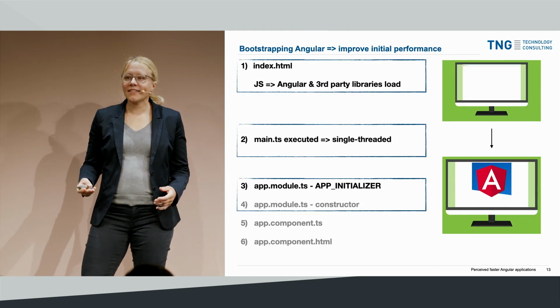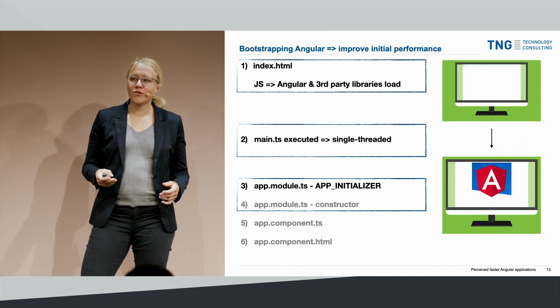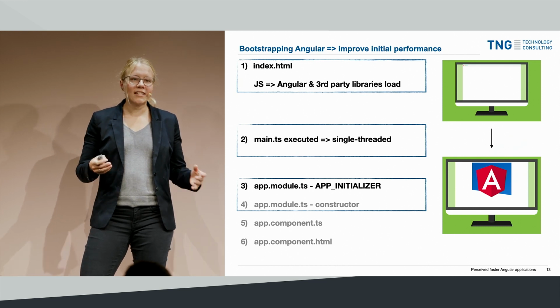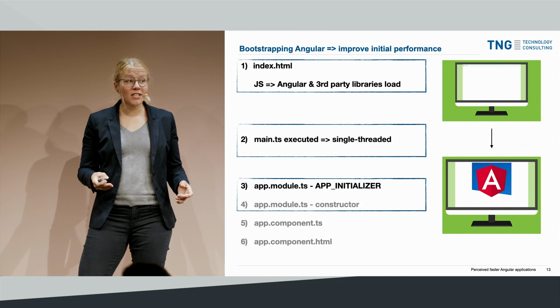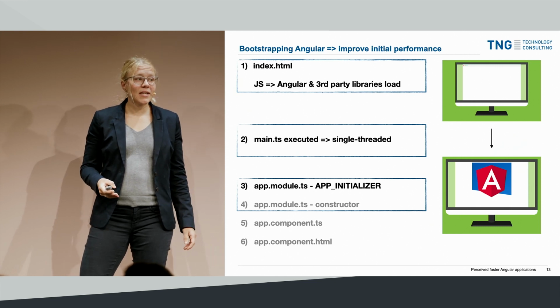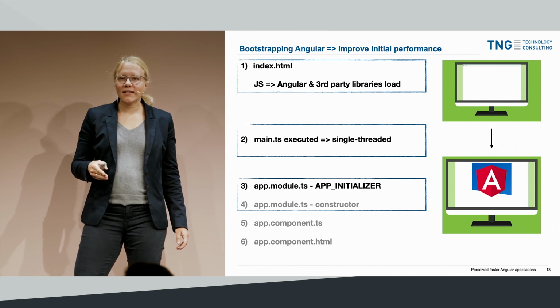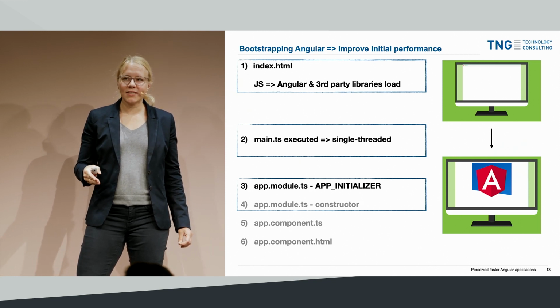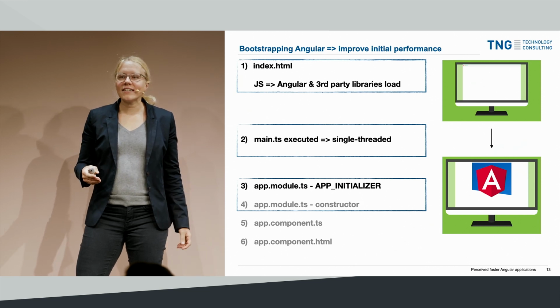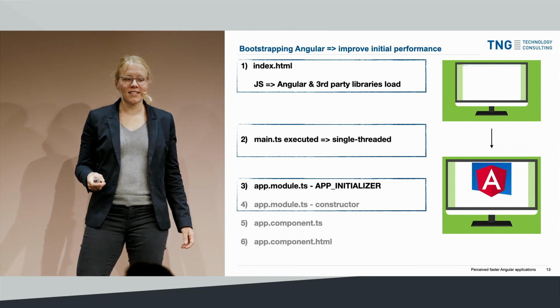And to understand where this initial performance is coming from and what we can do and what we can avoid, we have to look step by step at what's happening when Angular is bootstrapped. What's happening when we load an application and how are we finally reaching our content.